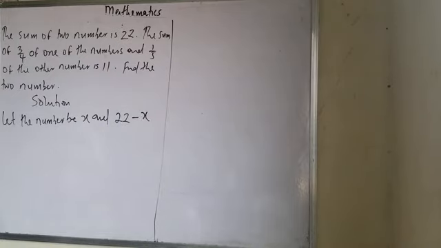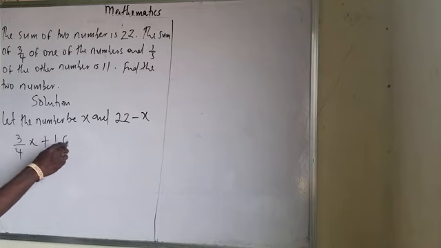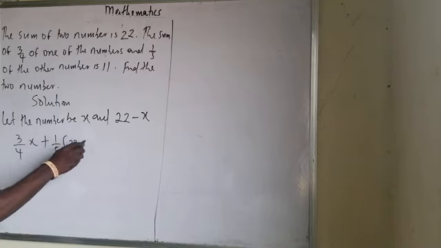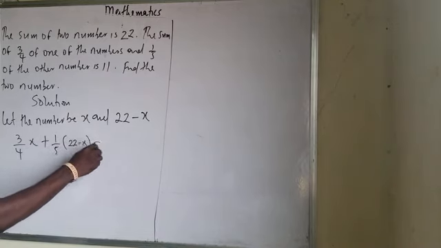Now, that is the first statement there. And the next one will now be what? 3 over 4 of x plus 1 over 5 of 32 minus x equals to 11.